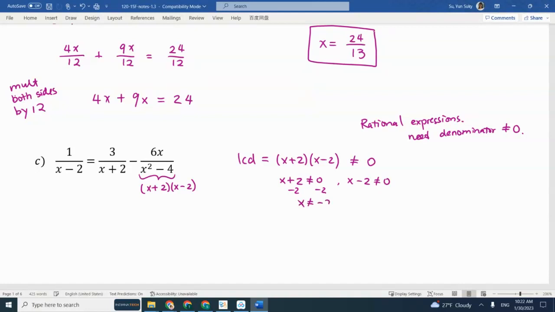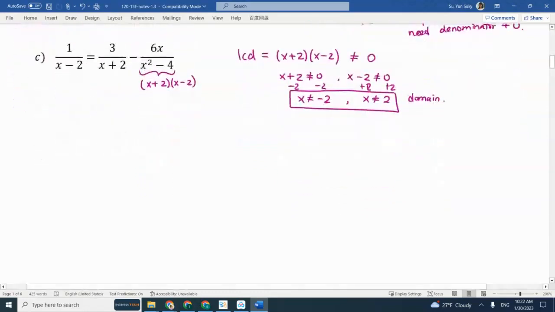We get x not equal to negative 2. And then here we add 2 on both sides. We get x not equal to 2. So this is the domain. Domain is the possible x values, so that the rational expression makes sense. Okay, everybody?